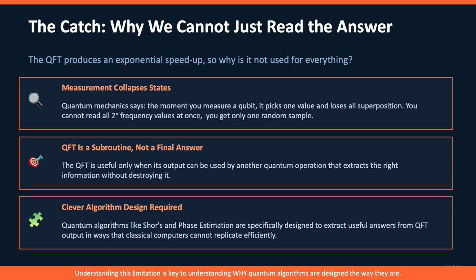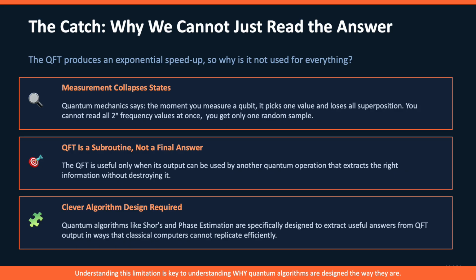This means that the QFT is never used as a standalone algorithm. It is always a subroutine, a carefully designed step inside a larger quantum algorithm. The surrounding algorithms must be engineered so that the specific piece of information that we need gets amplified into something we can reliably measure, while the irrelevant information is suppressed.